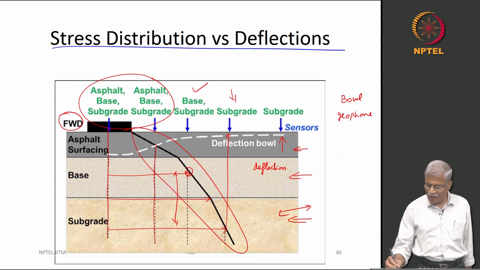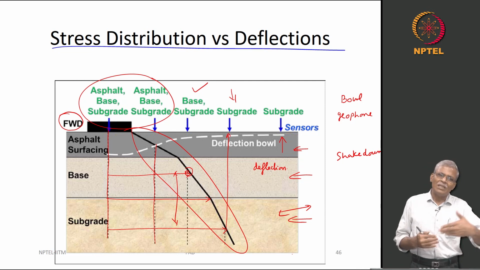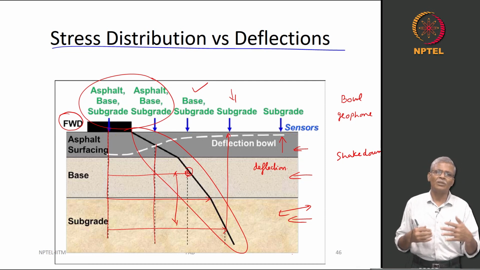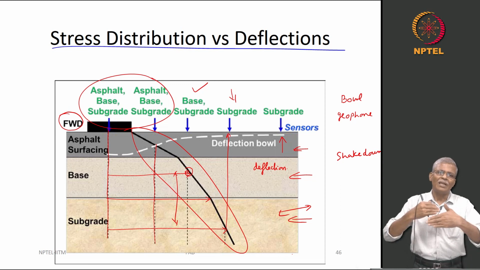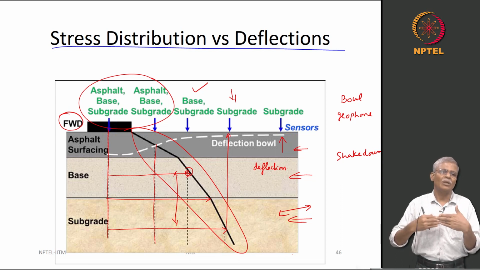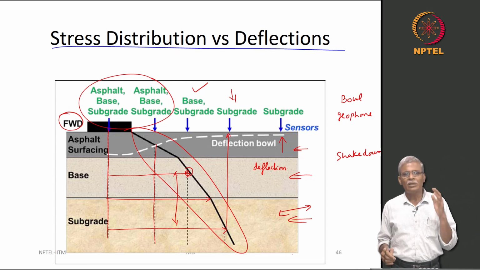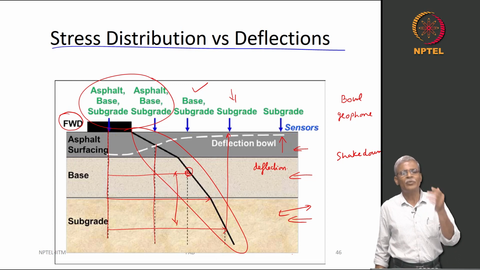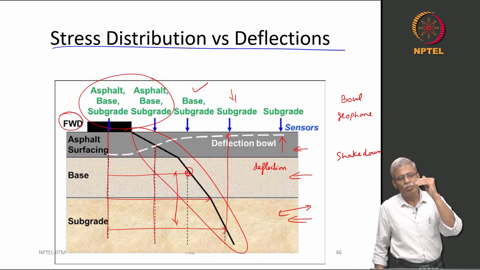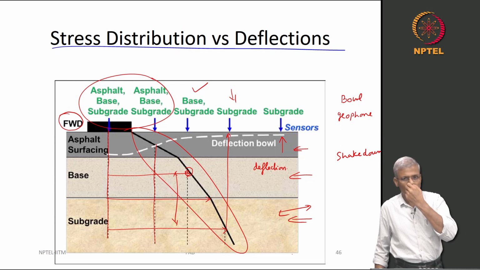So, as I keep mentioning, there is a concept called shakedown that will happen. All these layers with the different modulus kind of rearrange themselves during this loading and unloading, and they start showing a response which is not the response that you get when you try to analyze by just assuming the modulus values.